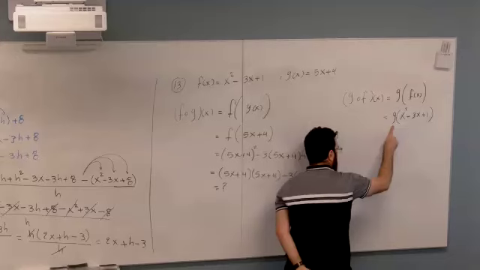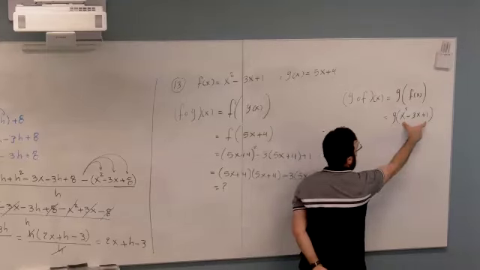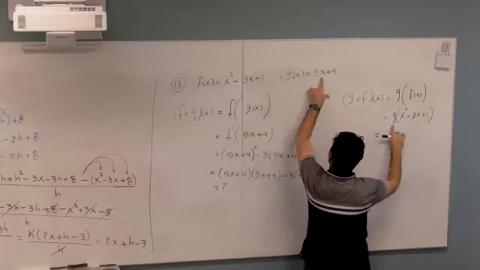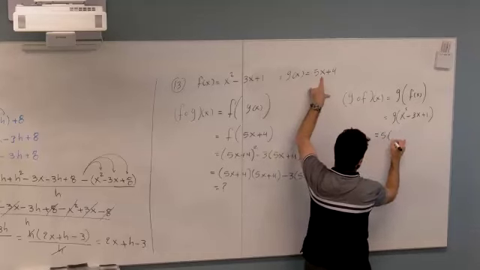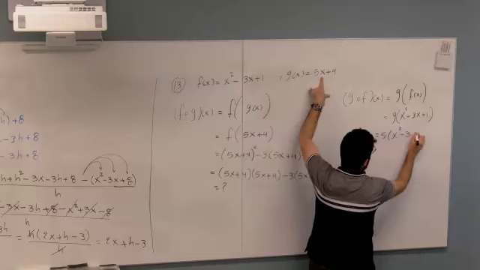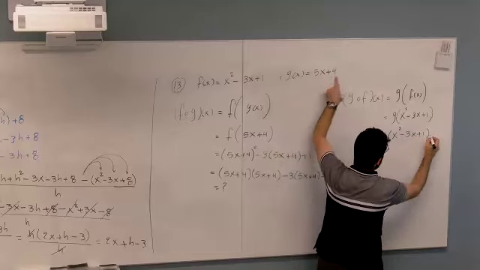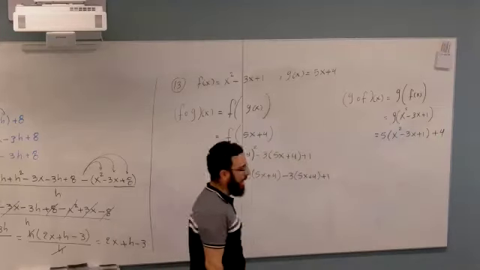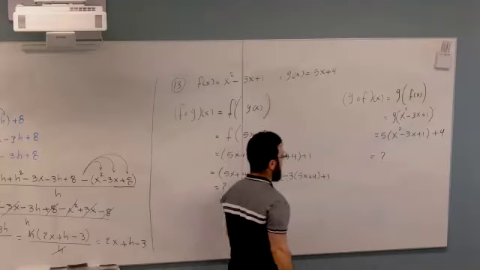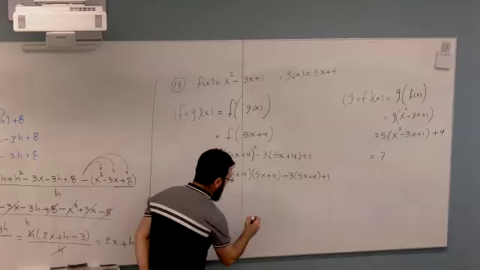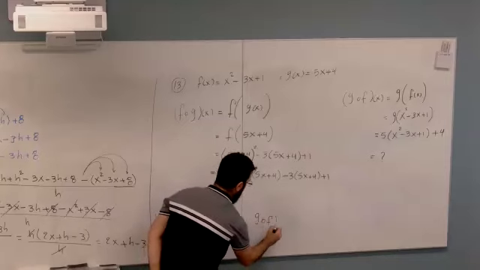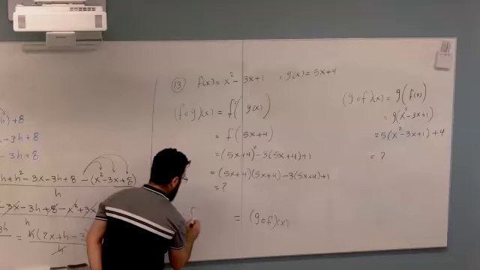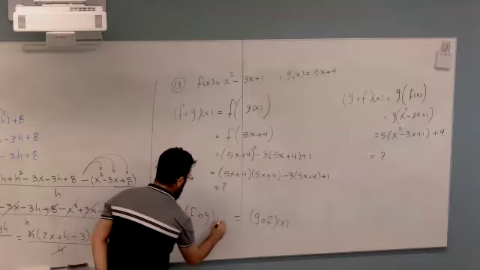In each x in the G function, I'm going to plug in the whole thing. So it's going to be 5 times (x squared minus 3x plus 1) plus 4. Is that okay? You're going to get the result in a few minutes. Tell me, does G circle F of x equal F circle G of x?